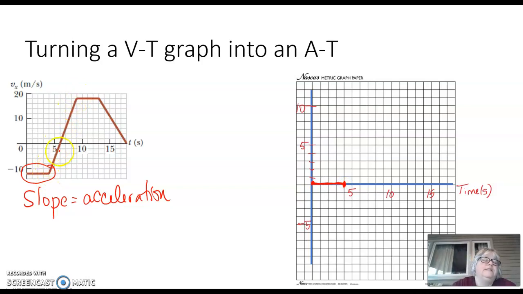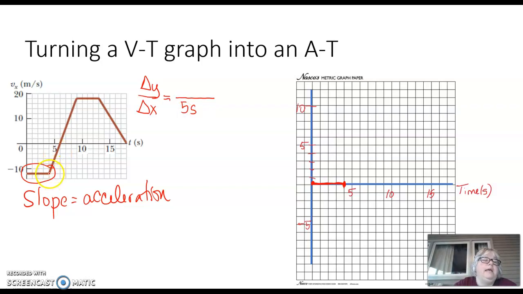Now we look at our second segment of the graph. Here we said we are going to have a positive acceleration. Well, what is going to be the value of that acceleration? To do that, we have to calculate the slope. So we know that slope is delta y over delta x. My x is going to increase from 4 to 9, so my change in x is 5 seconds.